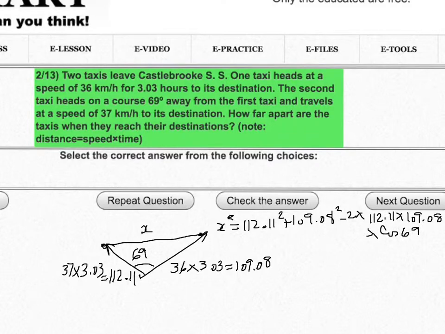Now, again, as usual, I'm not going to go through the computation on the calculator. What do you get for x squared here? What is x squared now? No, x squared, not the square root.